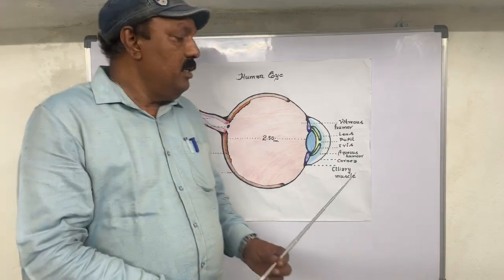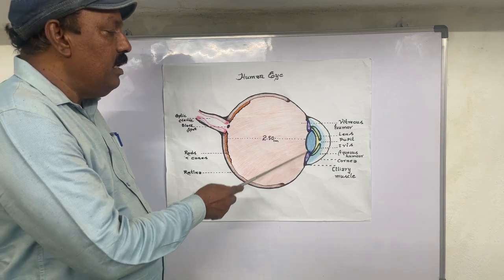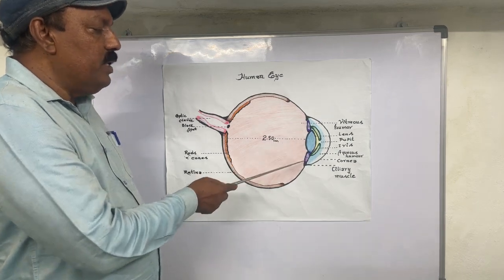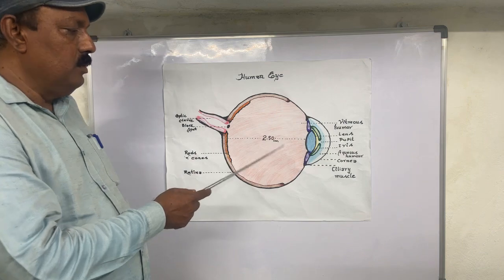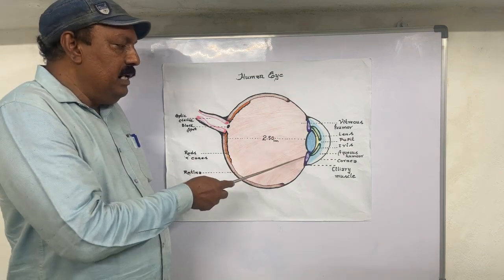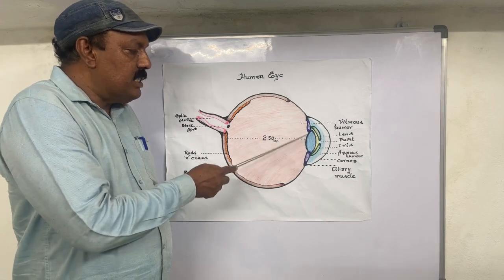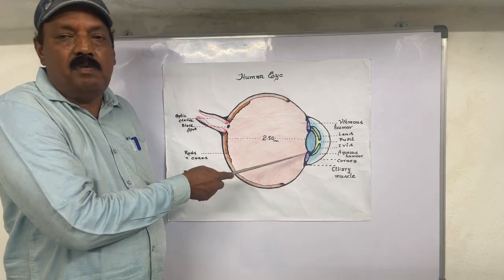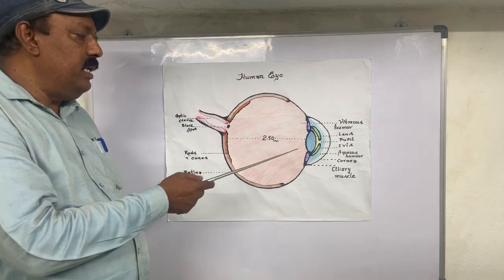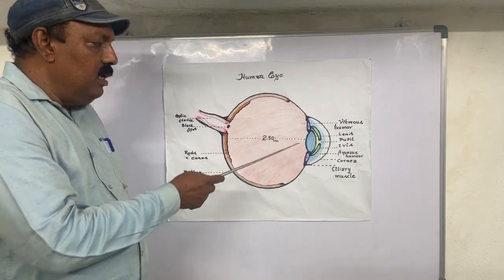On that occasion, the ciliary muscles do the important work. They hold the lens, the natural biconvex lens given to us by birth, by the Almighty.